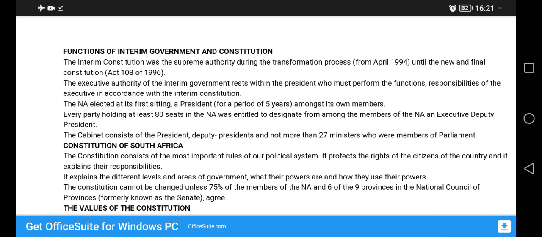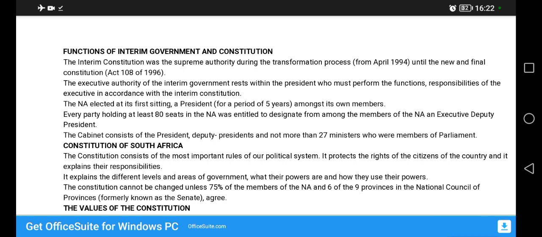The NA elected its first sitting president for a period of 5 years from amongst its own members. Every party holding at least 80 seats in the National Assembly was entitled to designate from amongst the members of the NA an executive deputy president. The cabinet consists of the president, deputy president, and not more than 27 ministers who were members of parliament.